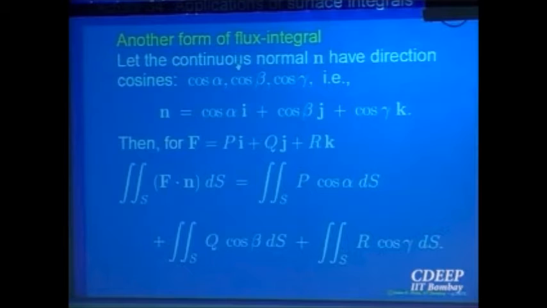But one has to be slightly careful here. See, in this, what is alpha? That is a direction cosine. But when you want to evaluate this, we have already got a formula for f cos alpha, right? We can evaluate a scalar field f cos alpha, f cos beta, f cos gamma, depending on what plane you are projecting. For f cos gamma, we got a function, right? Where was the angle there?